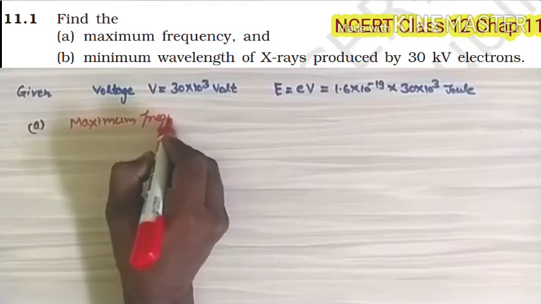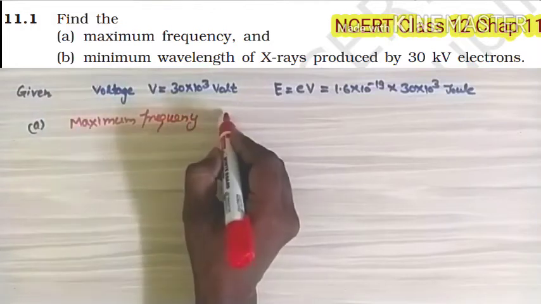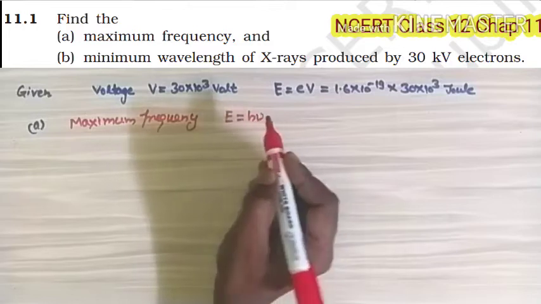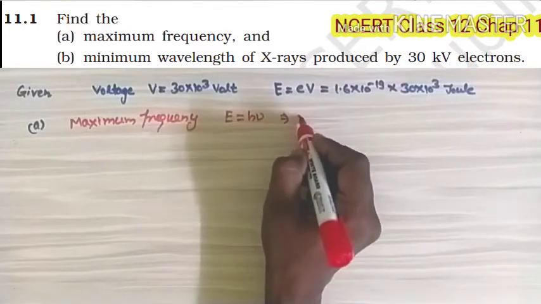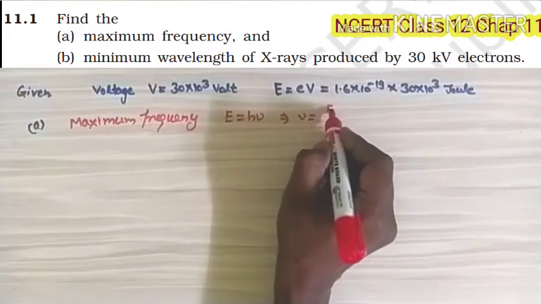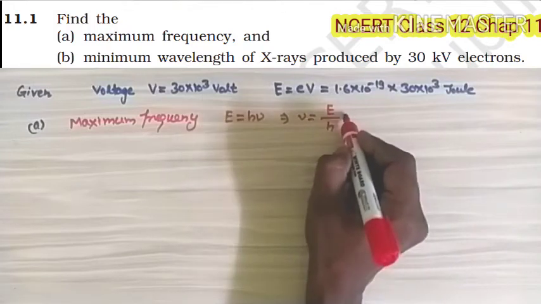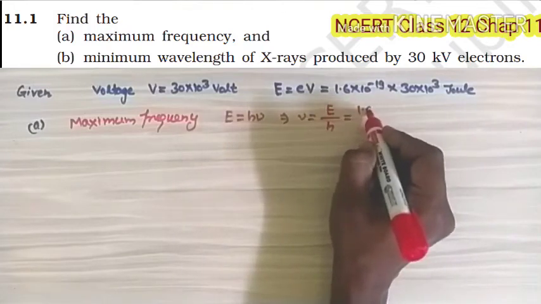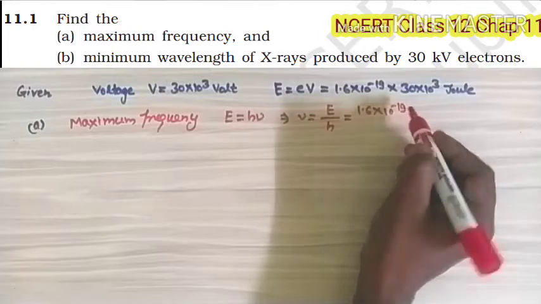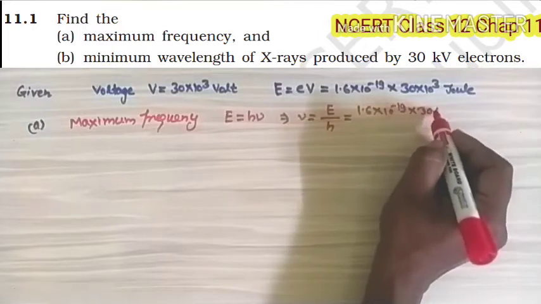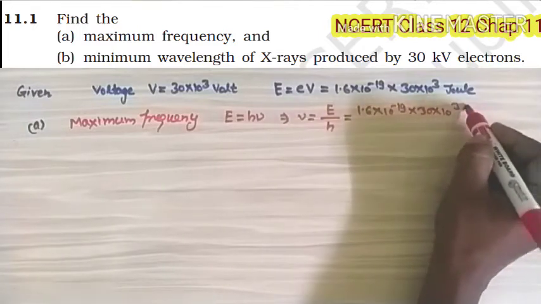We know, students, the X-ray photons have energy E equals h nu, so nu is E upon h. E is 1.6 × 10 power minus 19 and 30 × 10 power 3 joule.